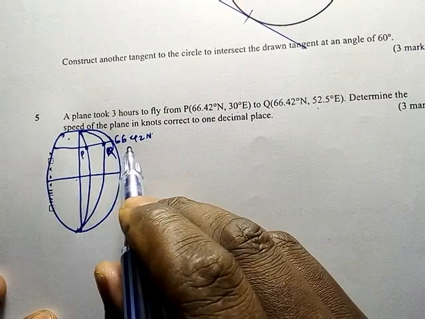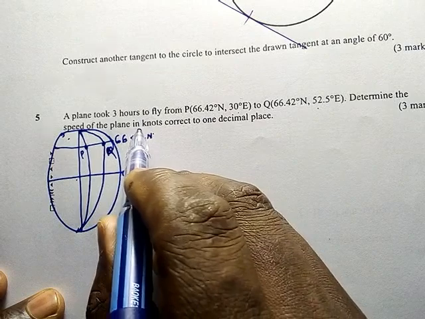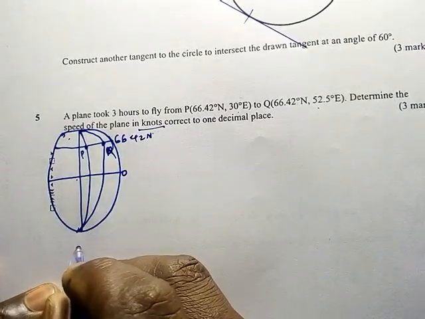If they are on a small circle, you should know the formula for getting the distance. And we have been asked to get the speed in knots, therefore we need the distance in nautical miles.